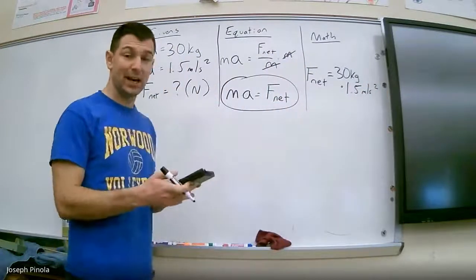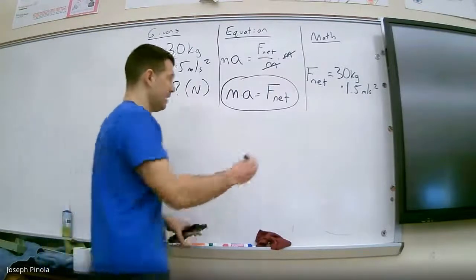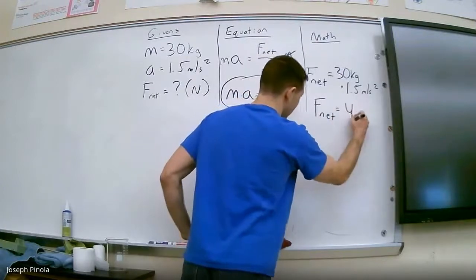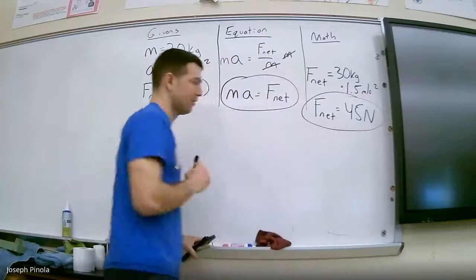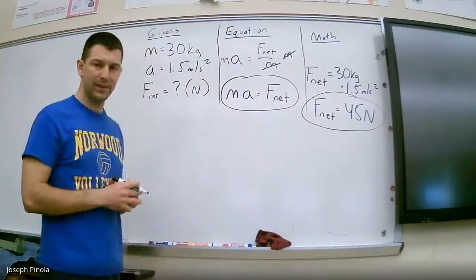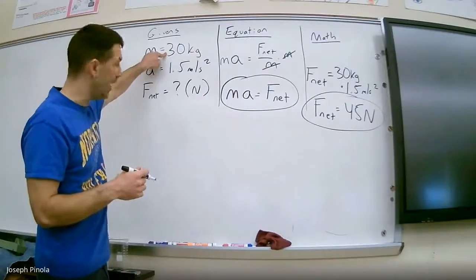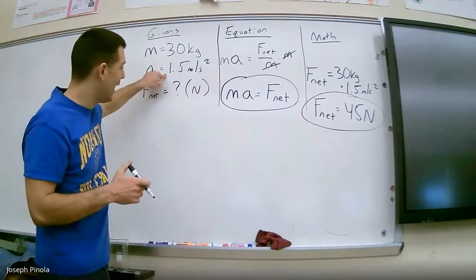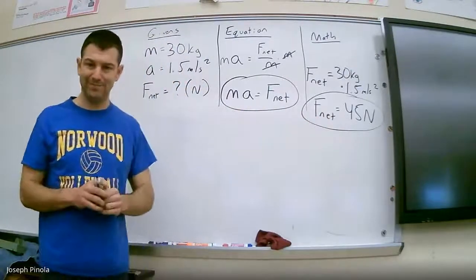If I take out my calculator and do 30 times 1.5, I get a net force, F net, of 45 newtons. And that means that to give a 30 kilogram object an acceleration of 1.5 meters per second squared, I need to use a net force of 45 newtons.